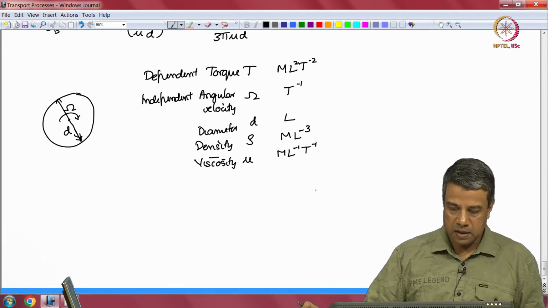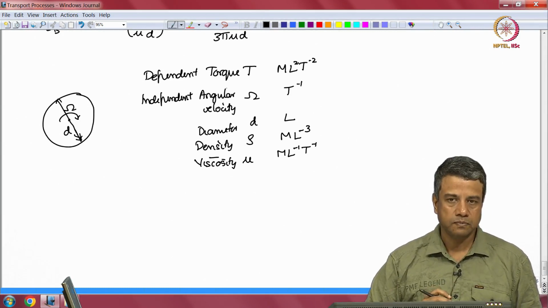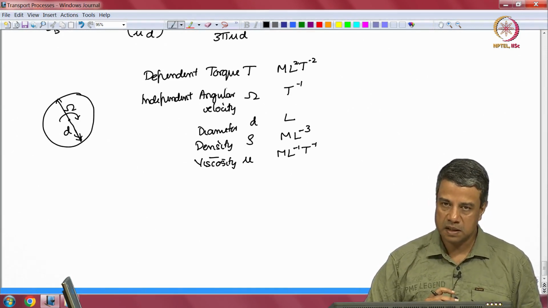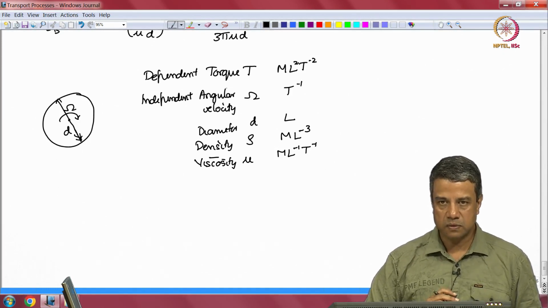So, those are the dependent and the independent quantities. Once again, the torque has a mass dimension, and can be scaled by either the mass in density or the mass in viscosity. You can choose either of those two to scale it.